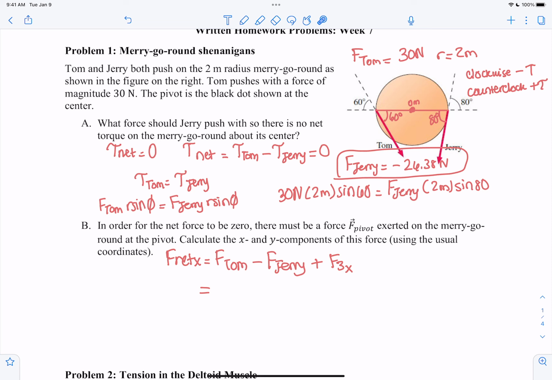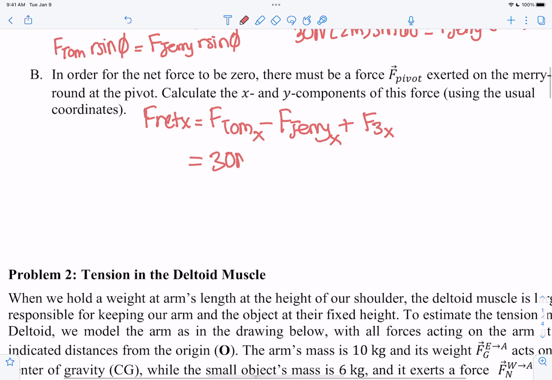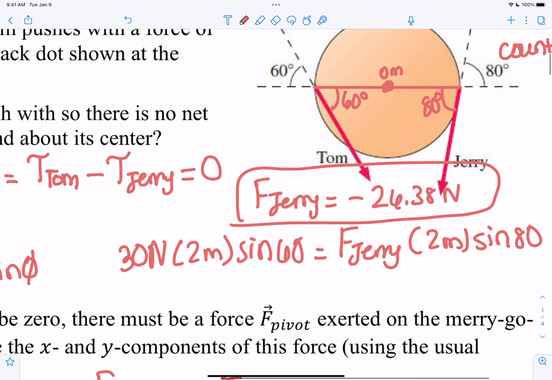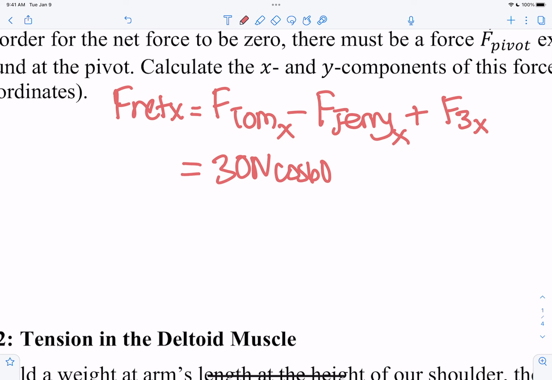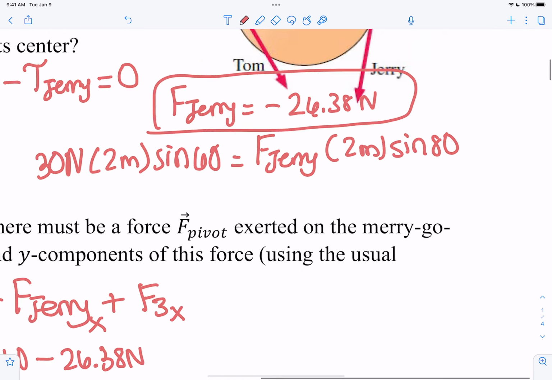So for F Tom X, right, force of Tom in the X direction would be 30 newtons times, well, let's see. We have this angle right here. This is his x direction. So this should be cosine 60. So 30 newtons cosine 60 will give us the x direction for Tom. And then 26.38 newtons. And here's the x direction, right? So this is adjacent.